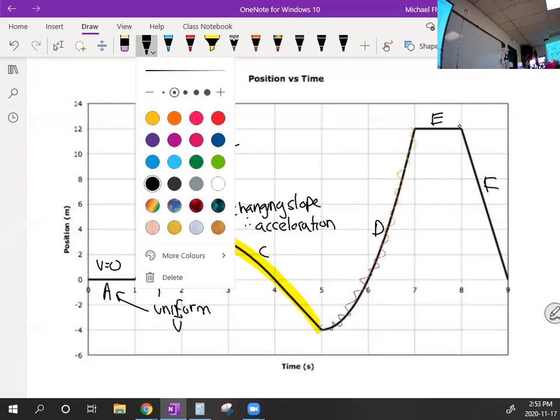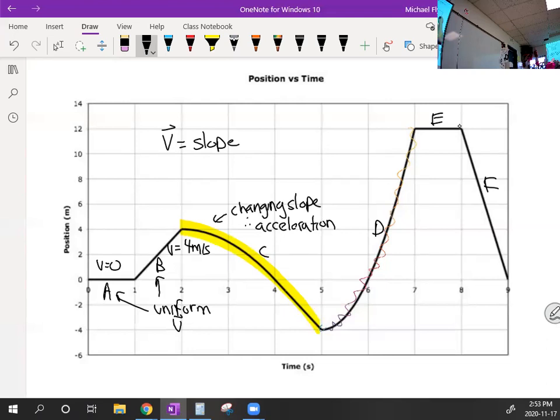We have a velocity of 0 in section E. And in section F, rise over run gives negative 12 over 1, so the velocity is negative 12 meters per second. That's just the slope of the line, right?